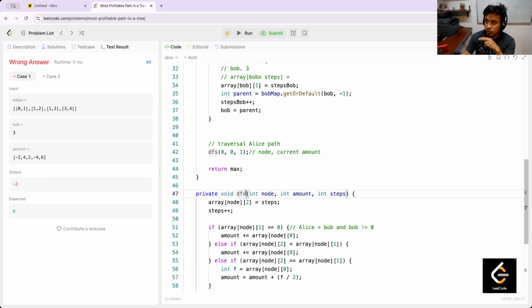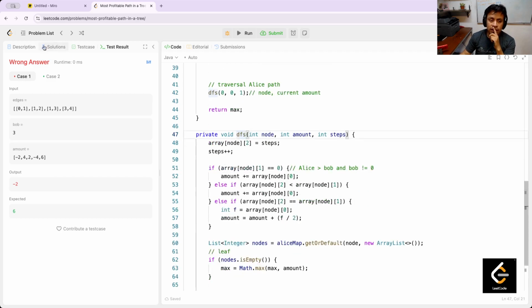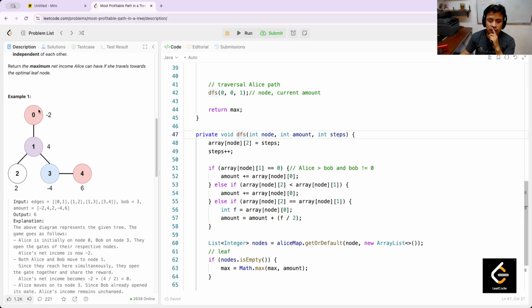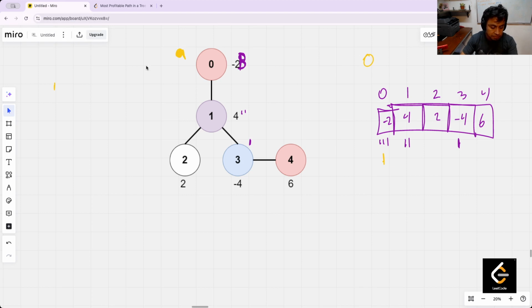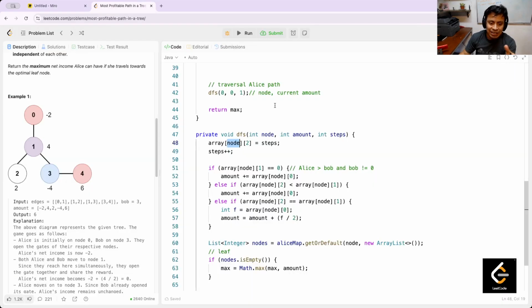And this doesn't return anything. Now what is the next? Alice starts here, and the first is to set the array in the index node that is 0, and in the index 2 it's equal. Essentially, Alice here is 1, and I put this one in this. What is the next? Increment the steps. In this case now it is 2.